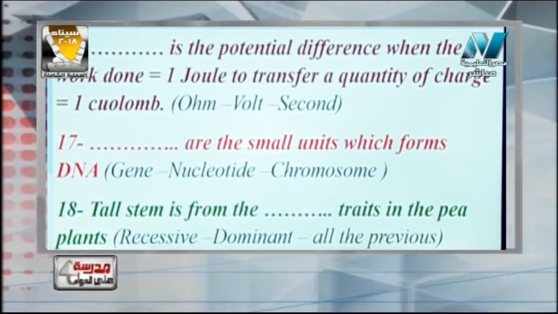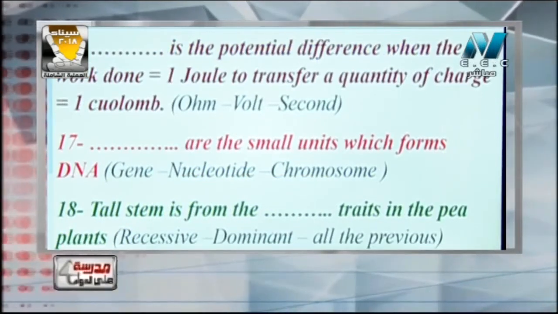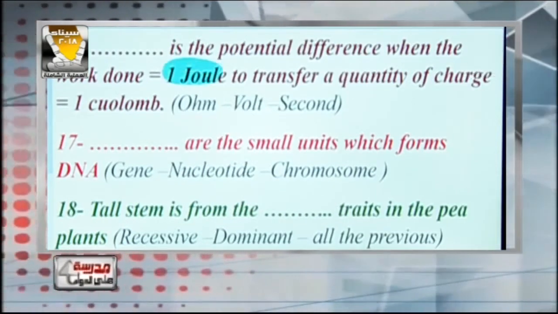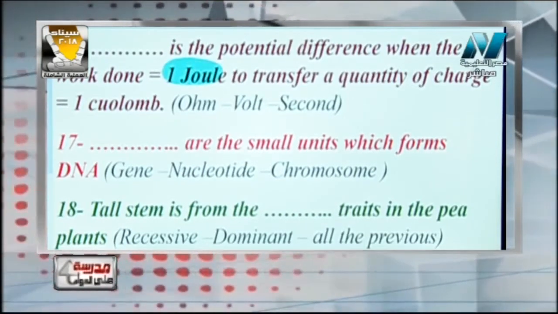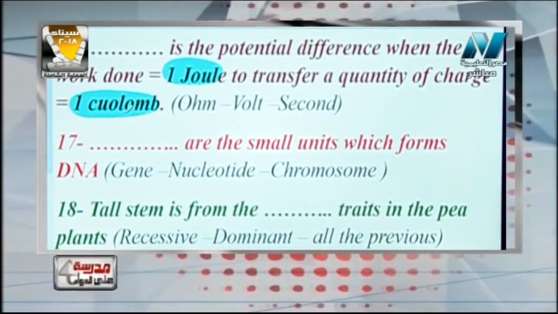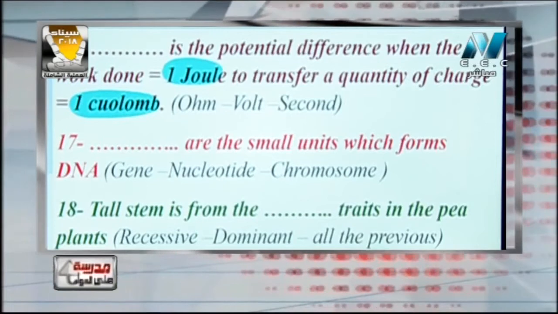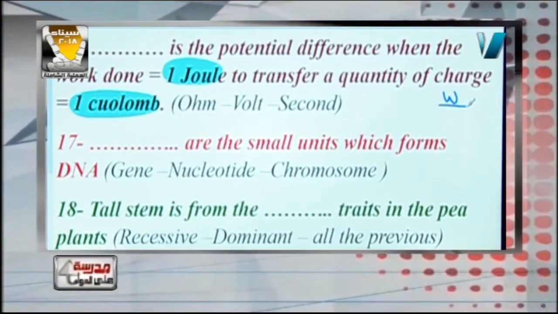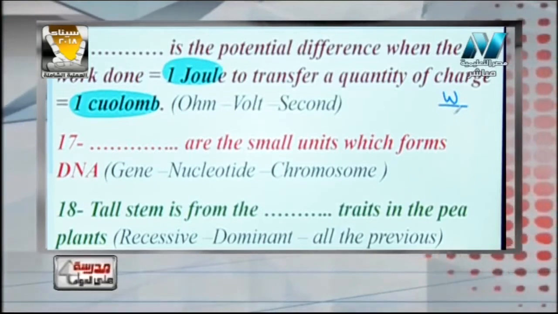Number 16: the potential difference when the work done equals 1 joule to transfer a quantity of charge equal to 1 coulomb. So here we talk about what? We talk about joule as W, work done, over what? Quantity of charge.